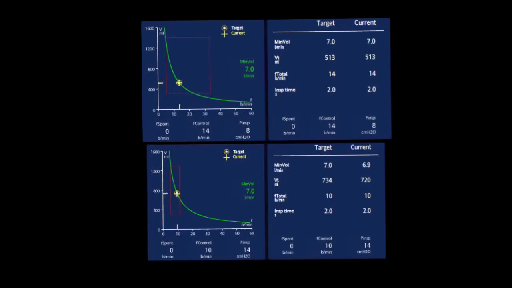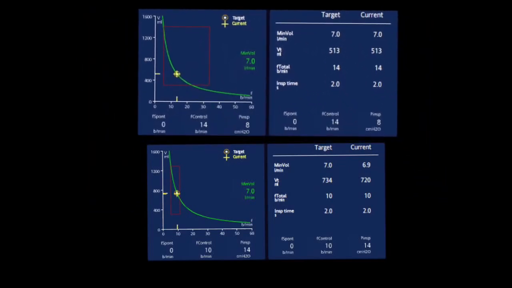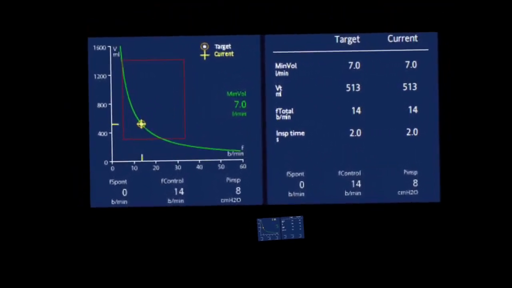I'm just going to enlarge the top one real quick. Let's make this one smaller and highlight this one. So this is a patient with pretty normal lung mechanics. What the ventilator is doing is targeting a certain tidal volume, and as you can see, it's a pretty average tidal volume. This is an adult patient for the minute ventilation setting. This is the target, what the ventilator wants, and this is the current, so here are my two columns.